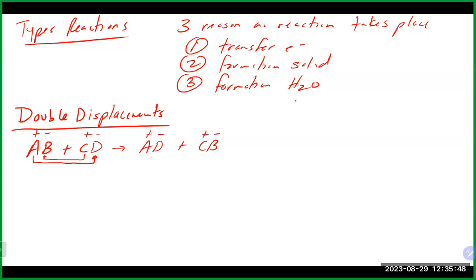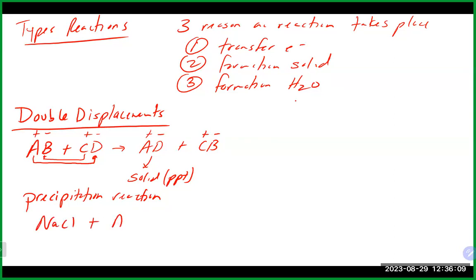And the result of this is one of two things will happen. You'll either make a solid, which is sometimes referred to as a precipitate, a PPT. And that is a type of reaction which is under here, which is known as a precipitation reaction. And that's like something like if you take some sodium chloride plus a little silver nitrate. You will have a positive, negative.